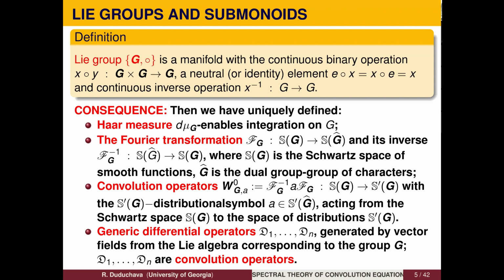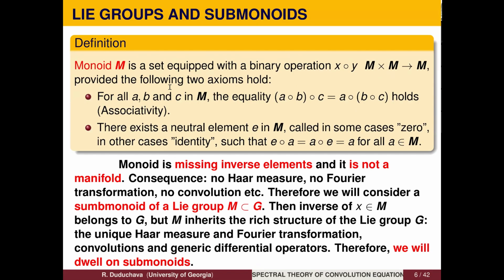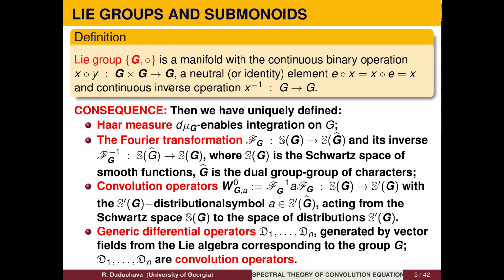The group also has an identity element, which under the operation with other elements changes nothing; multiplication gives again the same element. And all elements of the group have inverses.